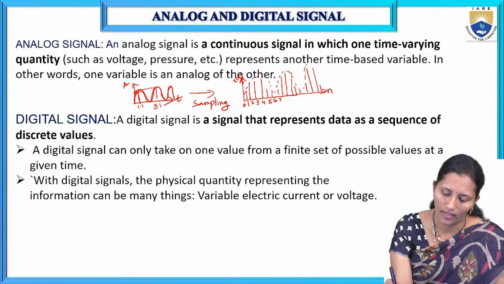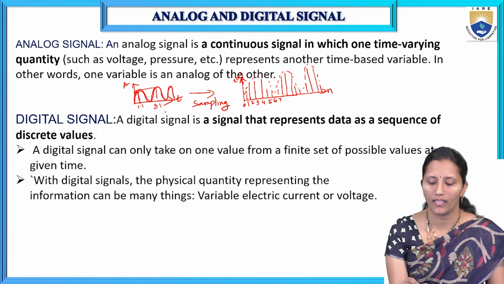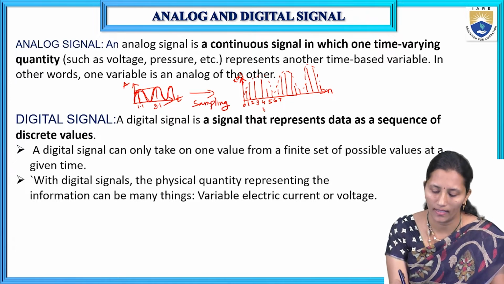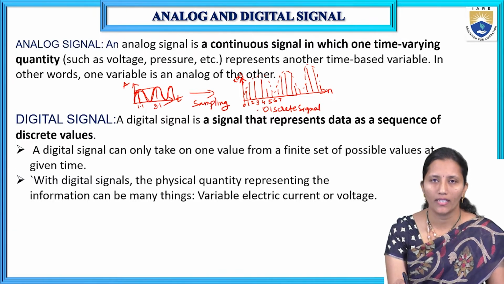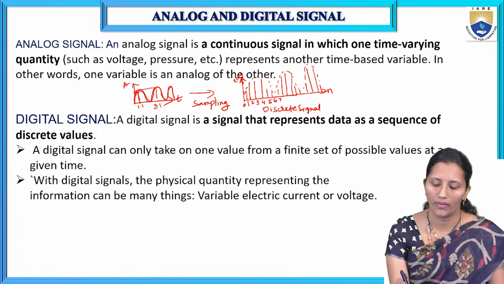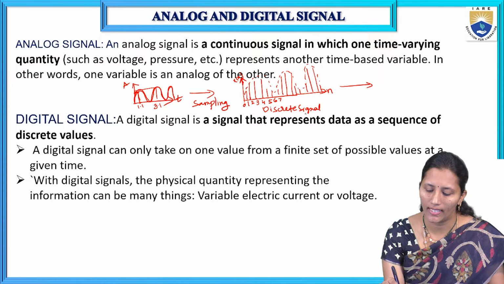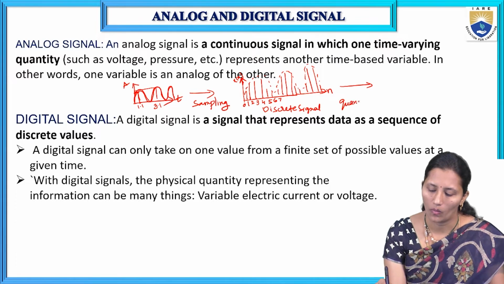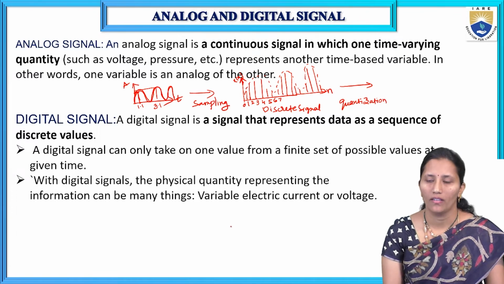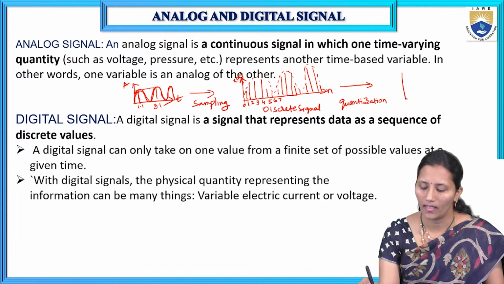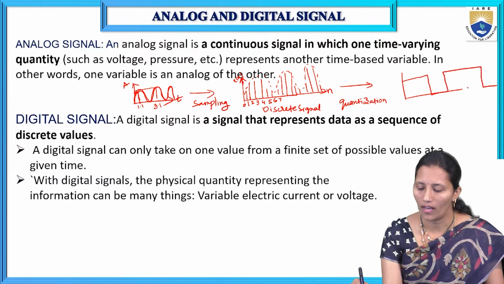In a discrete signal, after sampling the analog signal, the time is discrete in nature and the amplitude is continuous. After quantizing the discrete signal, after quantization, we are going to get the digital signal where the signal will be represented by either 1 or 0 only.